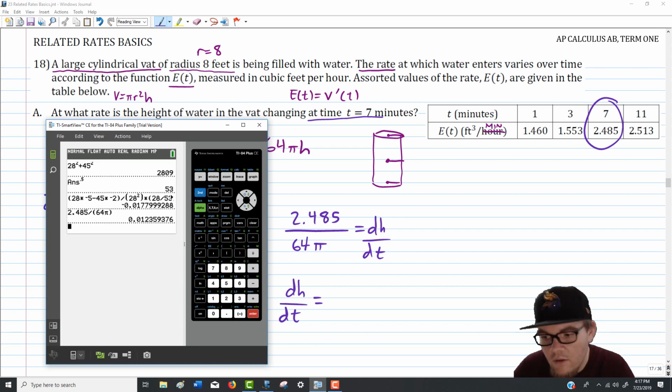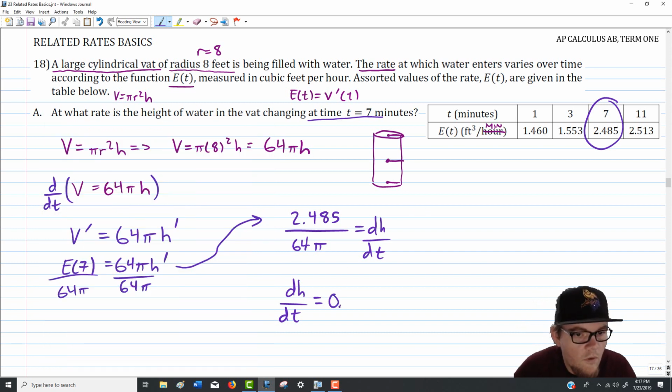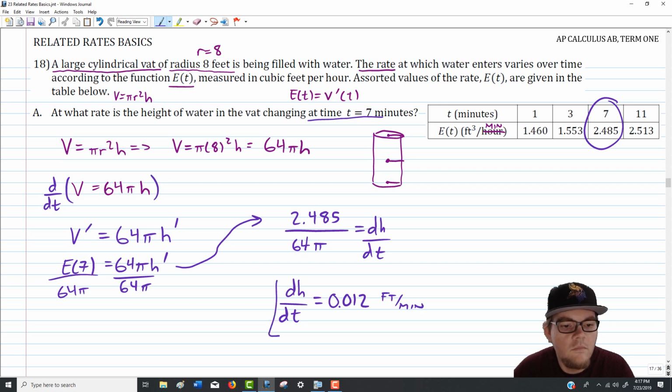You'll get a correct answer of 0.012. And since we're talking about height here and we're talking about feet cubed per minute, this should be feet per minute. There we go. There is 18A.